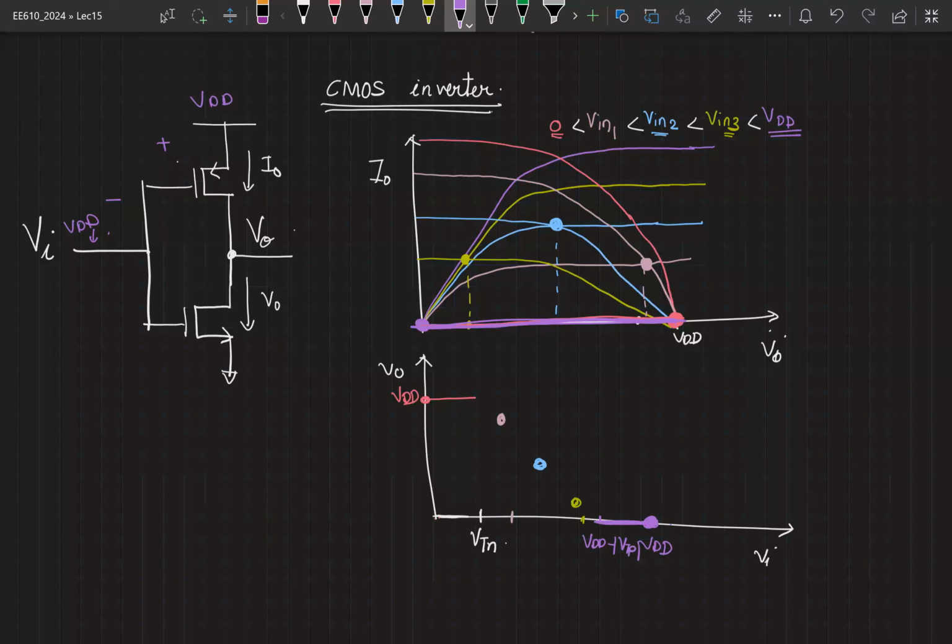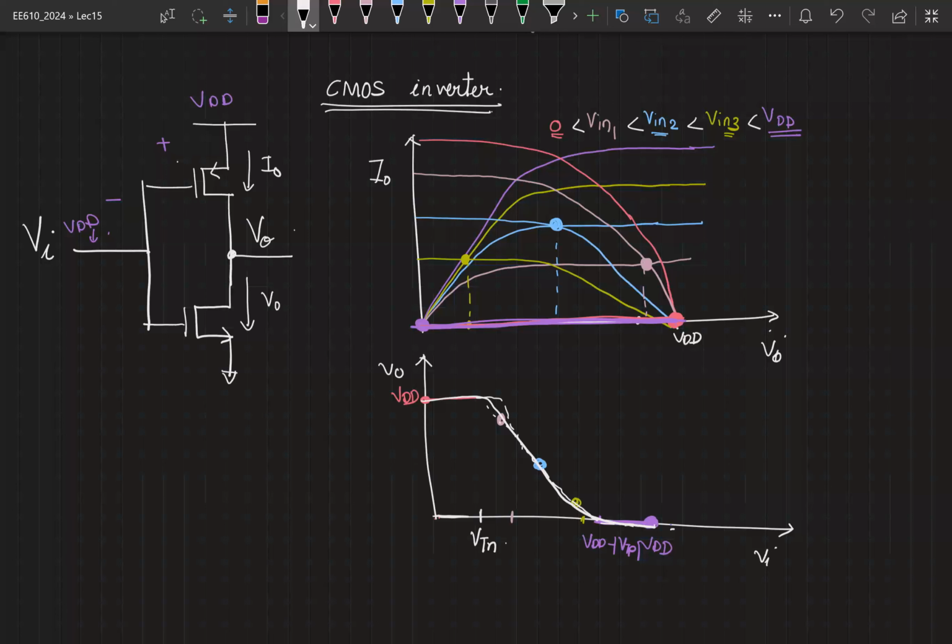Right? Now for the remaining points, if you considered more IV curves, you will see that the plot will look like this. Right? So your plot is going to look like this.